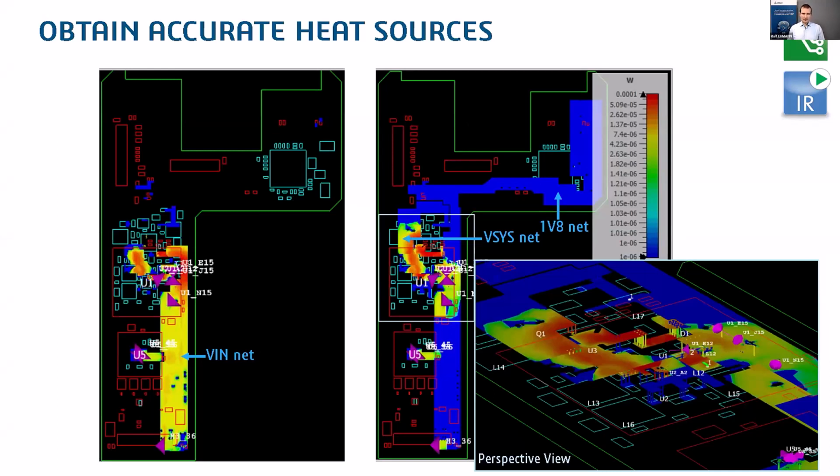So what we can see here on the screen, you can see the power losses on the traces and the power nets. And this distribution is also used as a source for the thermal simulation. So this allows for a high degree of accuracy, because we can take into account losses that would otherwise be maybe forgotten or overlooked or guessed at wrongly.